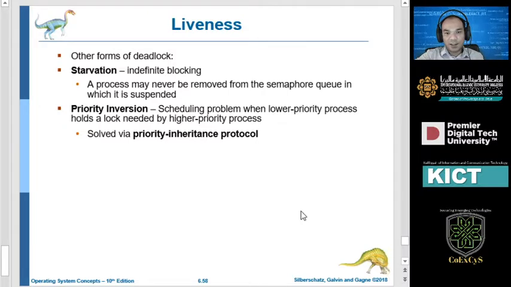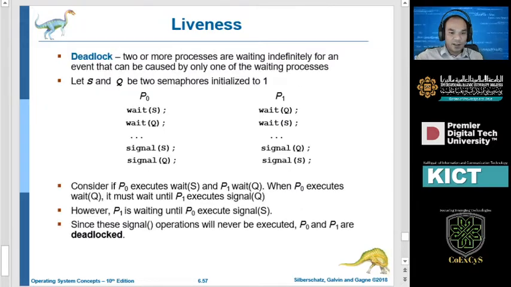Another form of liveness failure is starvation, which means indefinite blocking. A process may never be removed from the semaphore queue in which it is suspended. In a deadlock, these two processes, or maybe three or four of them, don't get to move at all.